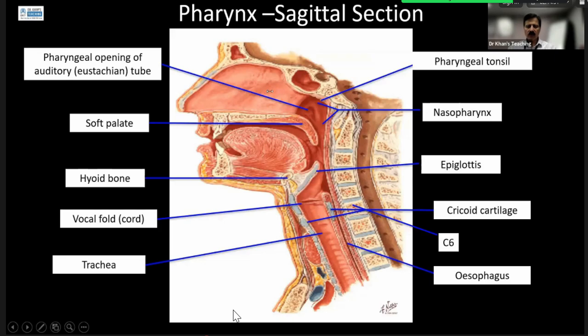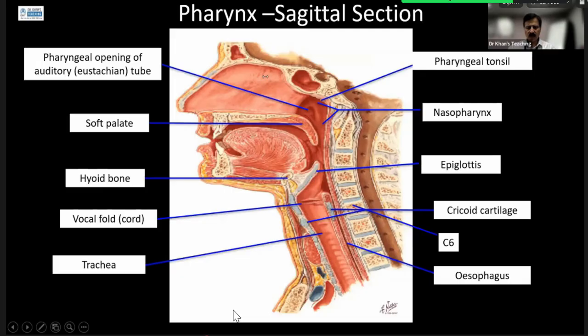Posterior to the nasal cavity is the nasopharynx, posterior to the oral cavity is the oropharynx, posterior to the larynx is the hypopharynx, also known as laryngopharynx. In many anatomy textbooks, you will see that word. It is the same thing. So you should have a clear-cut idea what the boundaries are and how we define that.